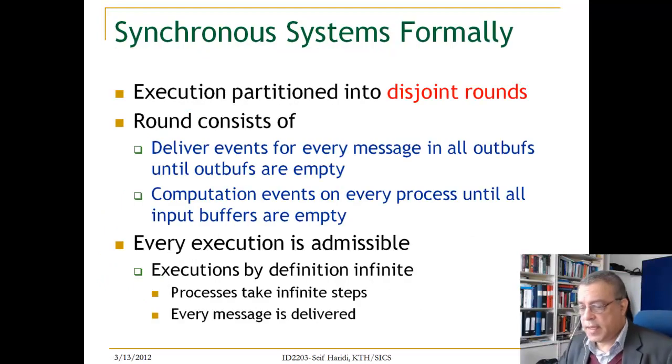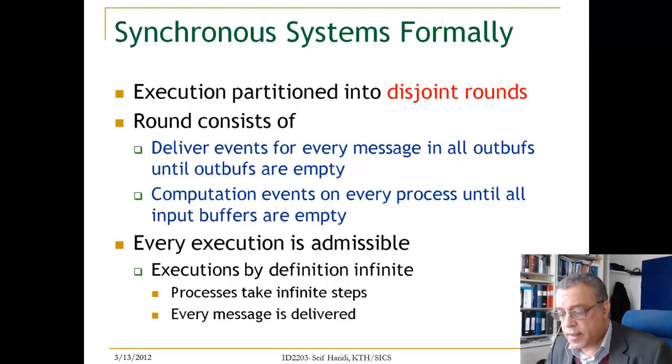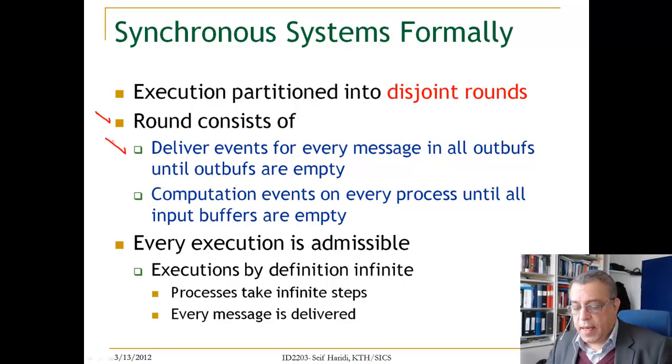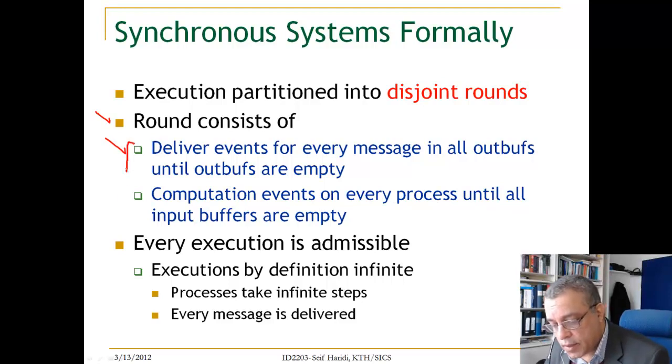To say it more exactly, in a synchronous system, execution is partitioned into disjoint rounds, and a round consists of deliver events for every message in all output buffers until all output buffers are empty. So we start by delivering all messages. And then we perform computation events on each process until all input buffers are empty. This is called a round.